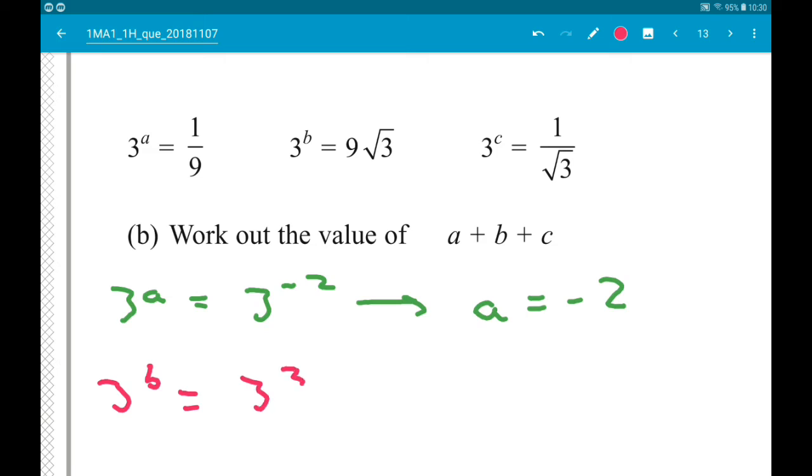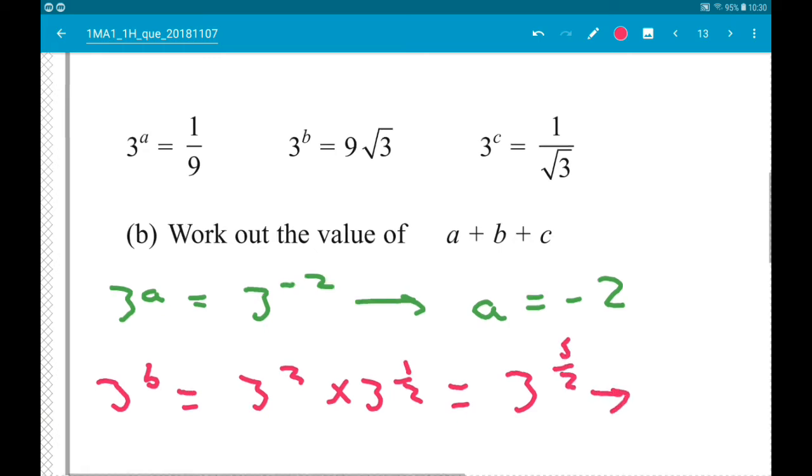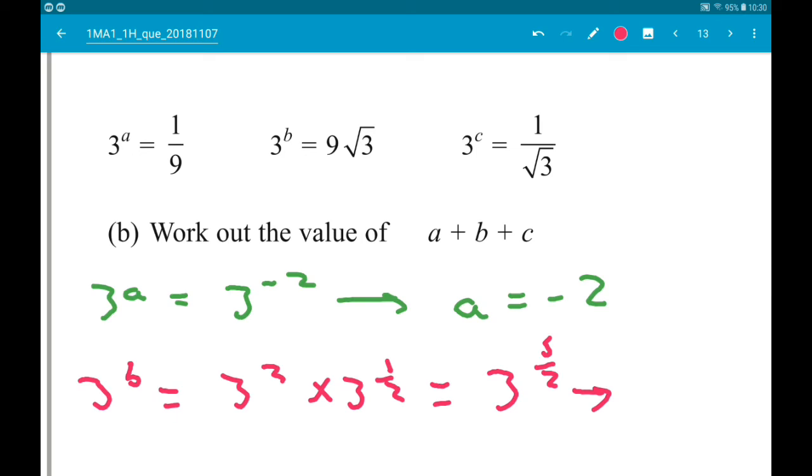Root 3 is 3 to the half. By the rules of indices, we add the powers because we're multiplying. So 2 and a half is 5 halves. So B is 5 halves.